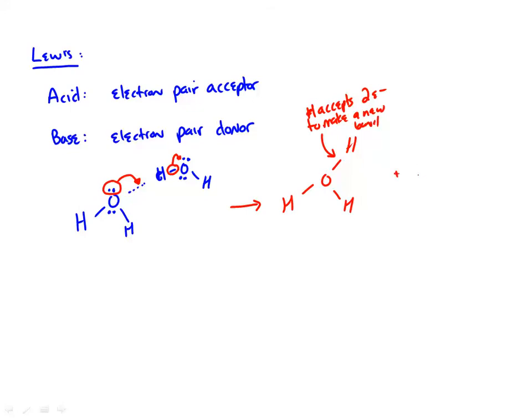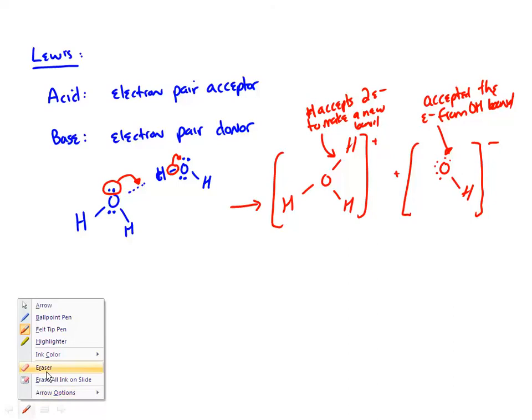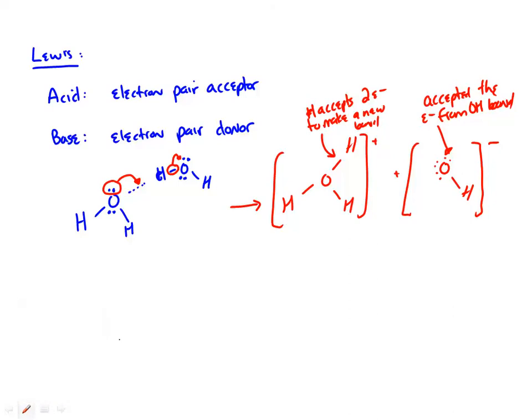Plus, and the other part is we're left with an OH, and we've got a lot of extra electrons on that one. This accepted the electrons from that OH bond originally. And so we've got, oh, I'm sorry, I kind of phrased it wrong.